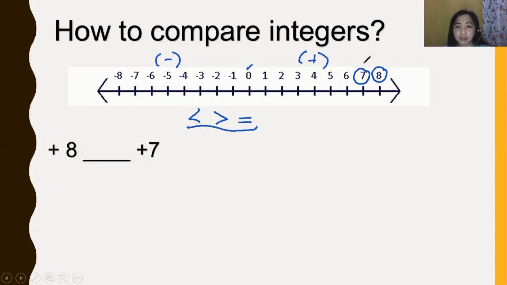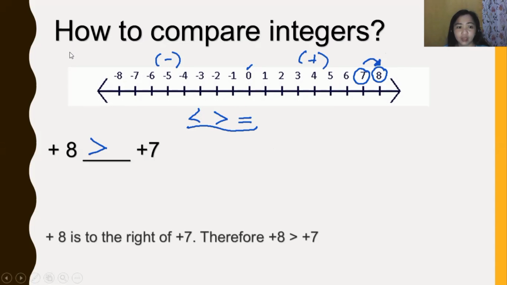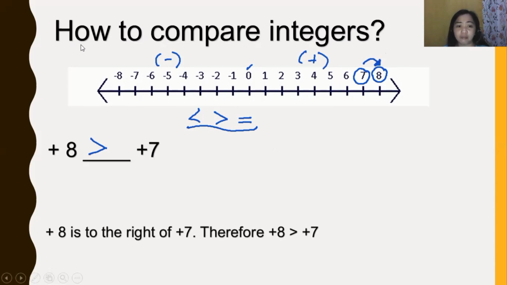So, kung mapapansin nyo, 8 is at the right side, it is greater than. So, positive 8 is greater than positive 7. 8 is to the right of positive 7, therefore 8 is greater than positive 7.